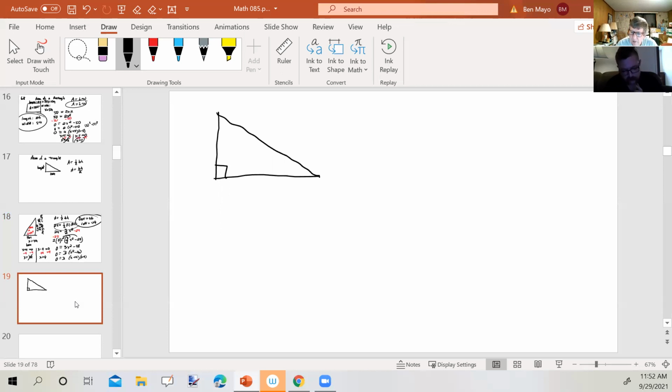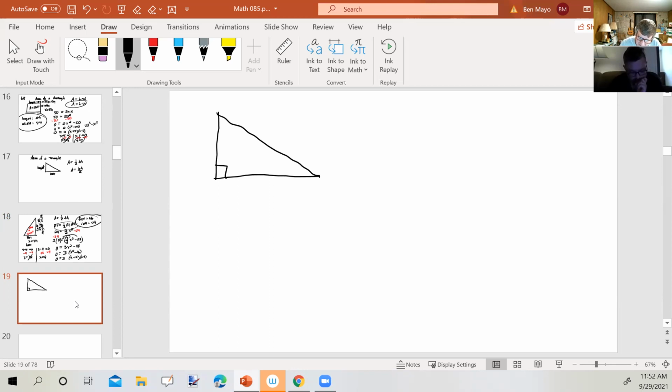Now, in this case, we're not dealing with the area, but we're dealing with the lengths of the sides of this right triangle. There is a formula called the Pythagorean theorem that a man named Pythagoras came up with many, many moons ago. And he used the following labels, all right?